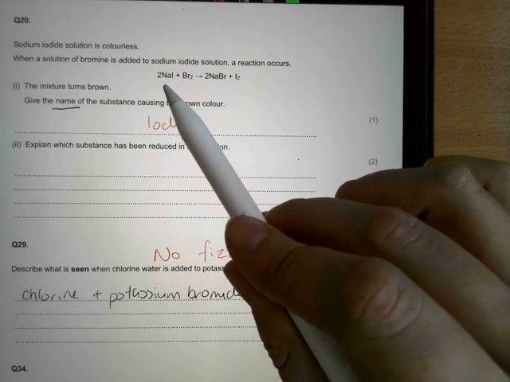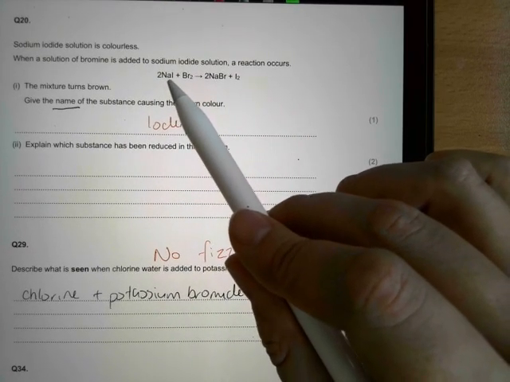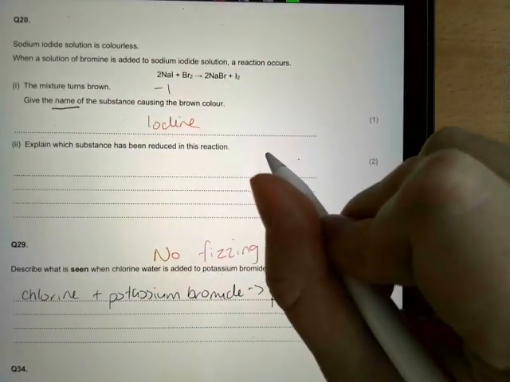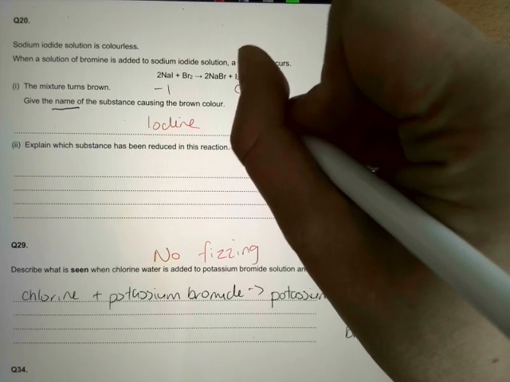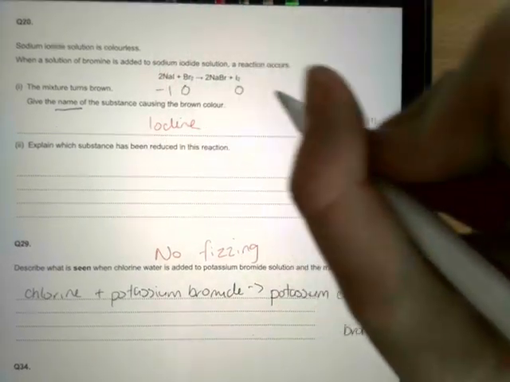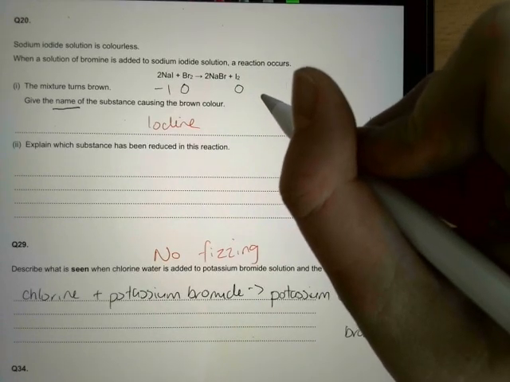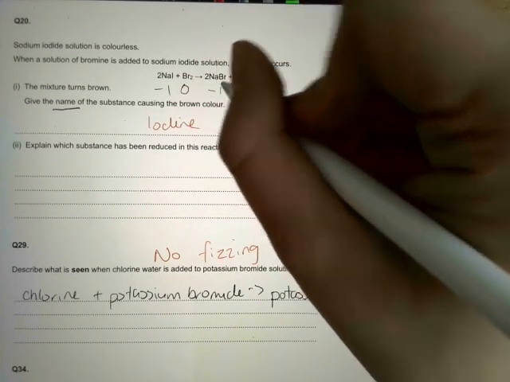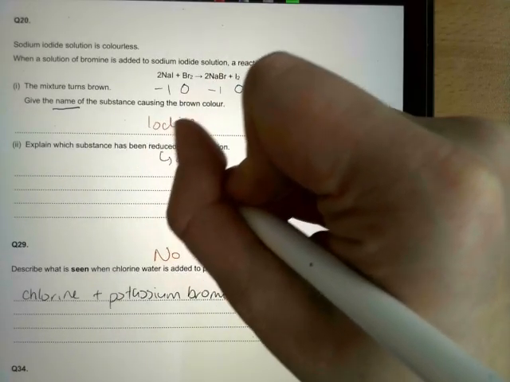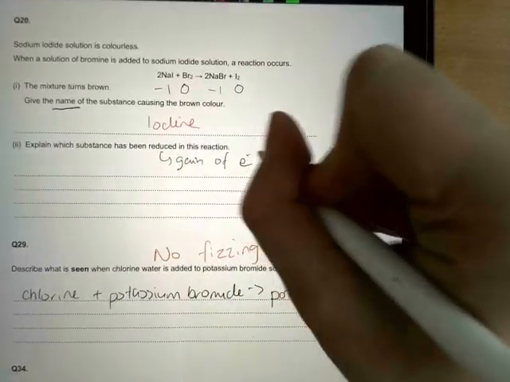If we look at iodine on the left, it's in an ionic compound bonded to sodium, and in an ionic compound, it always has a -1 charge. On the right, it's an element, it's got no charge at all. Bromine starts off as an element, so no charge, but on the right hand side it's in an ionic compound and will have a -1 charge. Reduction is the gain of electrons, so we need to see which one is gaining.